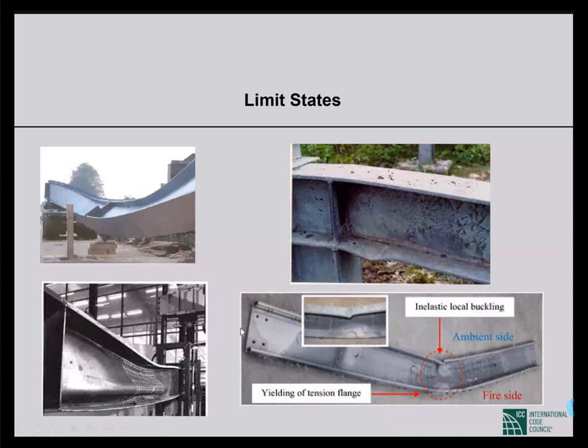On the left side at the bottom, you see that the web has buckled, web buckling. And at the bottom right corner, you see that the tension flange has yielded at the bottom. So for different reasons, this can happen. These are some pictures of different types of limit states.